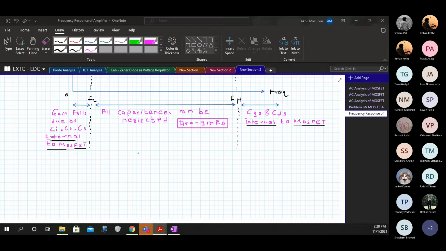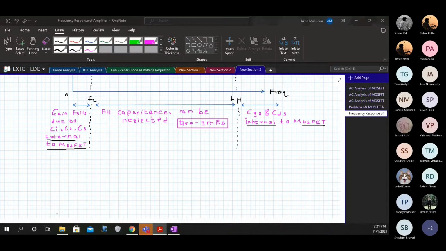So why is there a fall in the gain? The gain falls in the low frequency band due to the fact that even though CI, C0 and CS are large, in microfarads, as the signal frequency reduces, their impedance increases, and they no longer behave as short circuits.